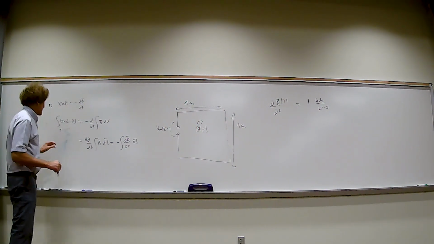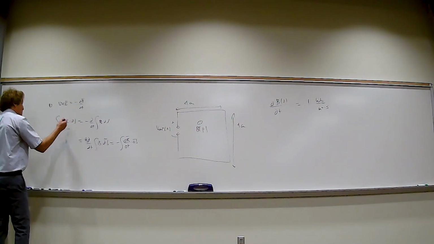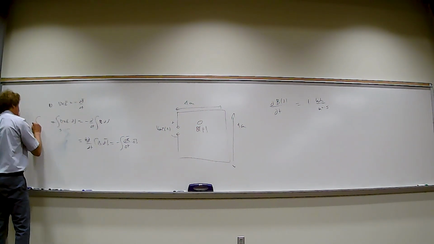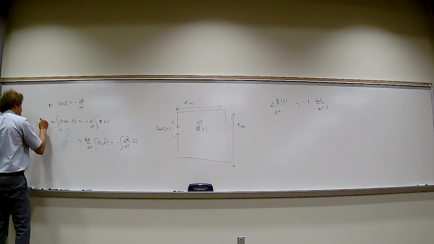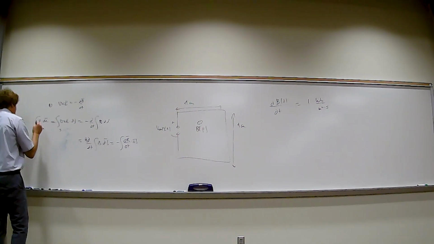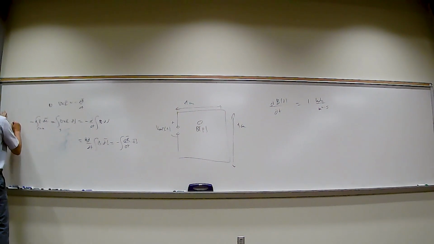So that means the integral of curl of E dot dS is really the integral of E dot dl in the counterclockwise direction around the closed loop. And this is, by definition, the induced voltage as a function of time. Now, I did this last time.